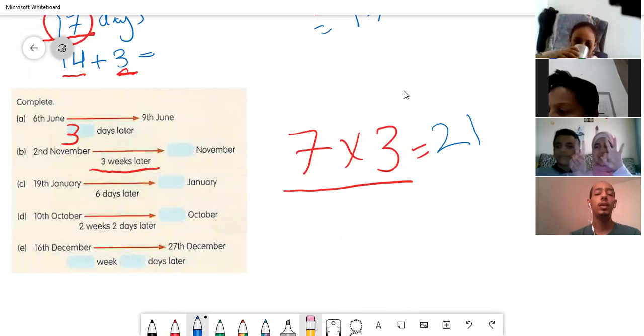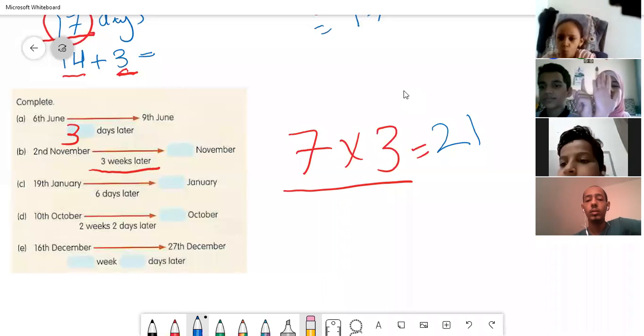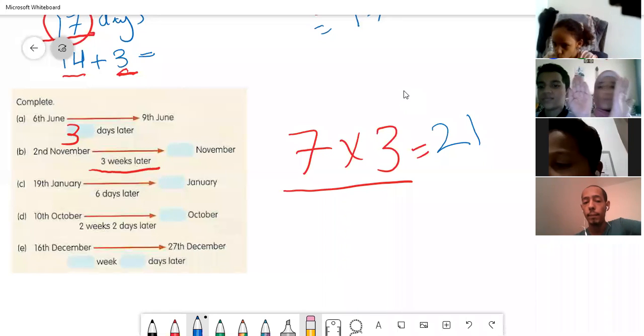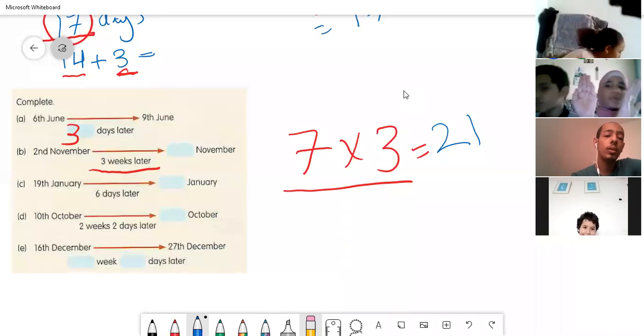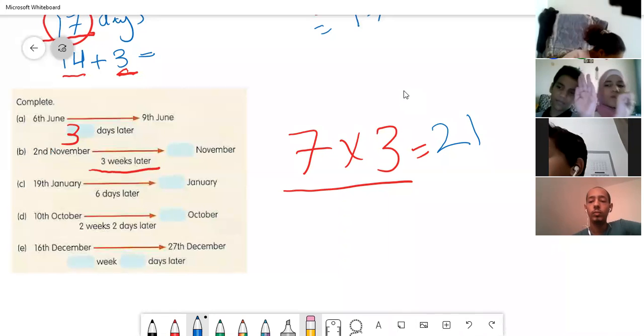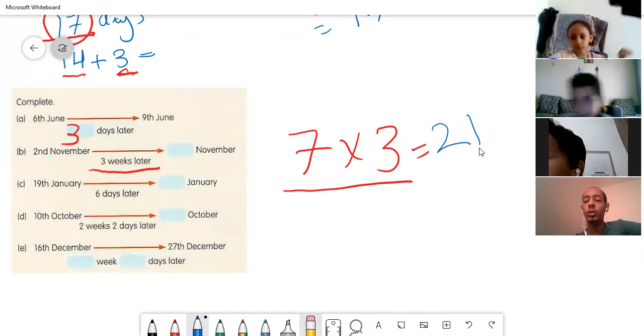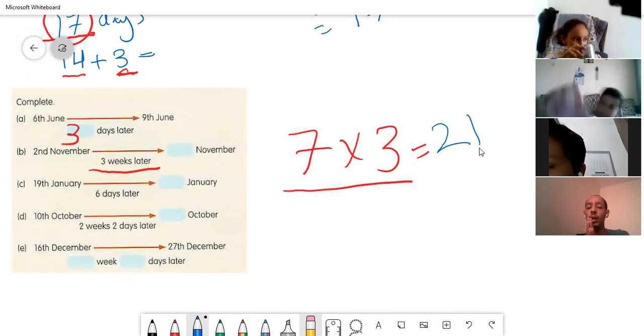So what will be the date after 3 weeks? Not 21. The 21 is the number of the days of the 3 weeks. Then from the 2nd of November, 3 weeks later, what will be the date?